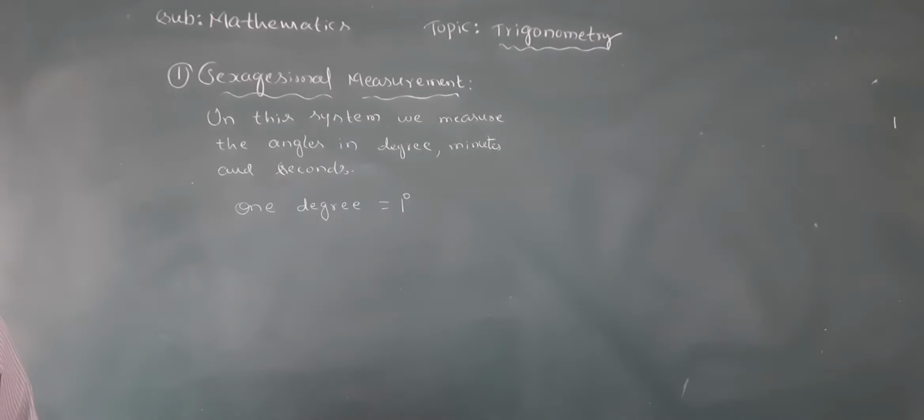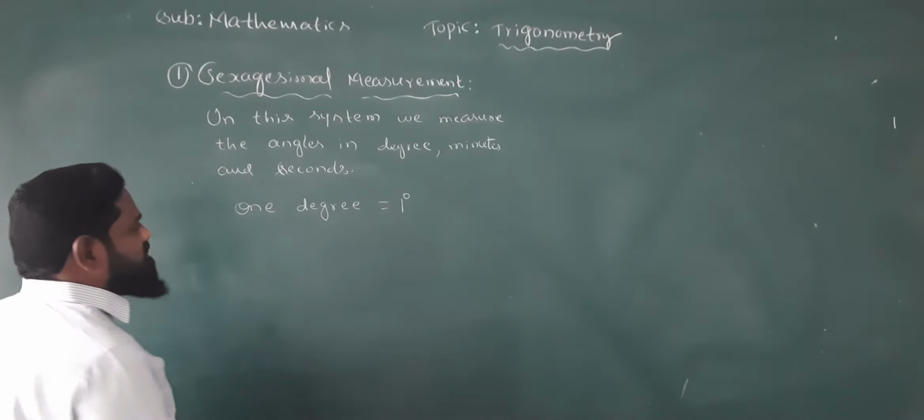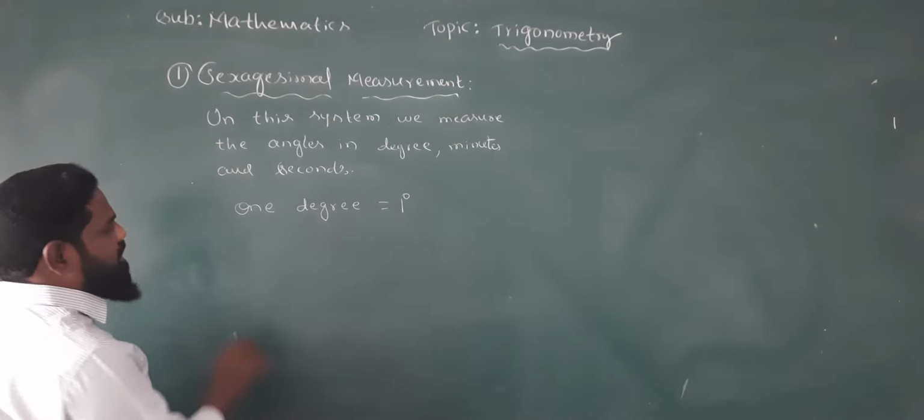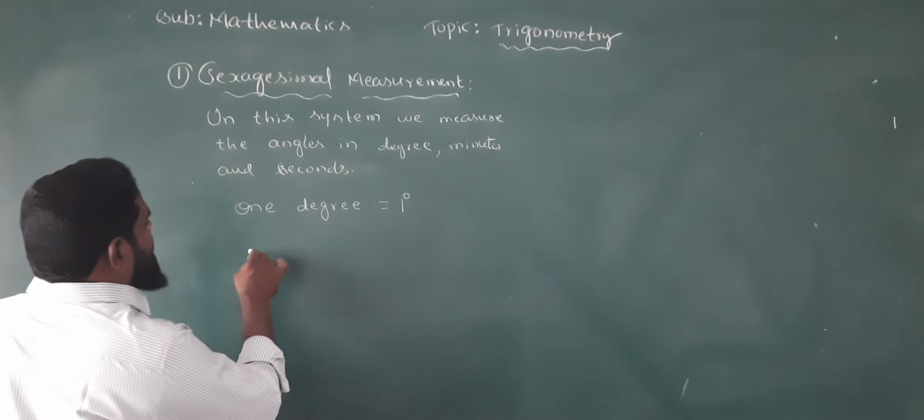Okay. One more important thing here, one right angle equals 90 degrees.